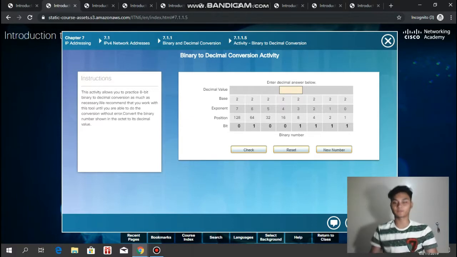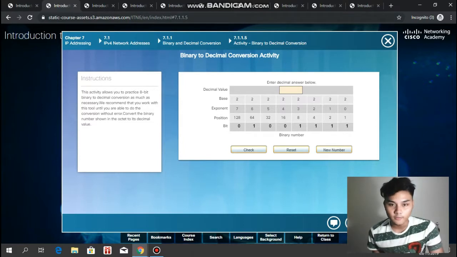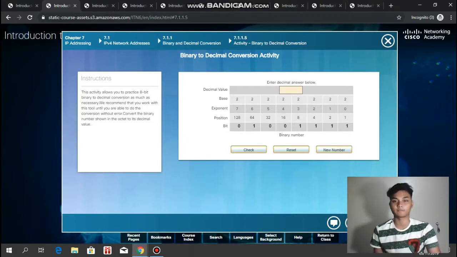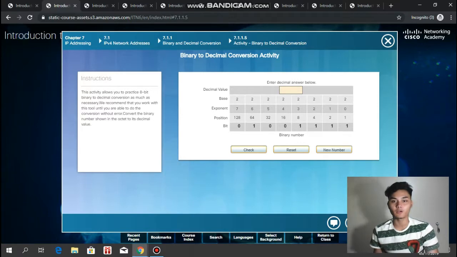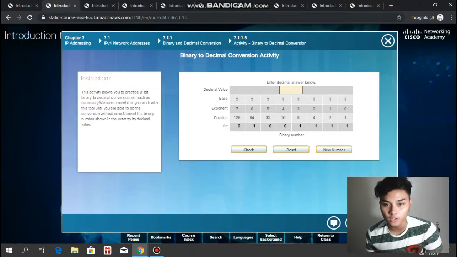So first, we have decimal value, base, exponent, position, and bit. Here's the technique to answer the binary to decimal. You have to focus on only the ones.